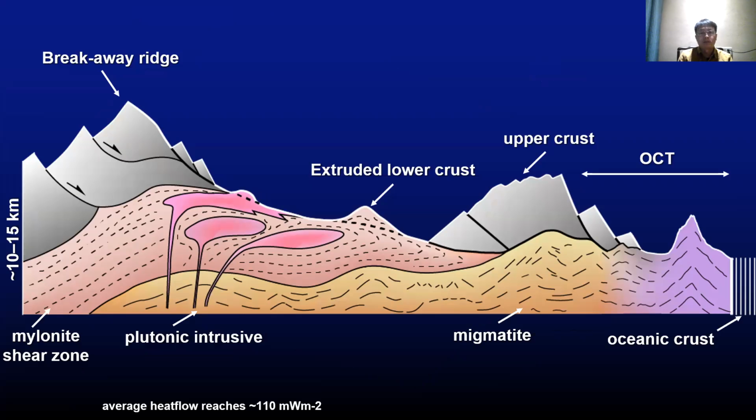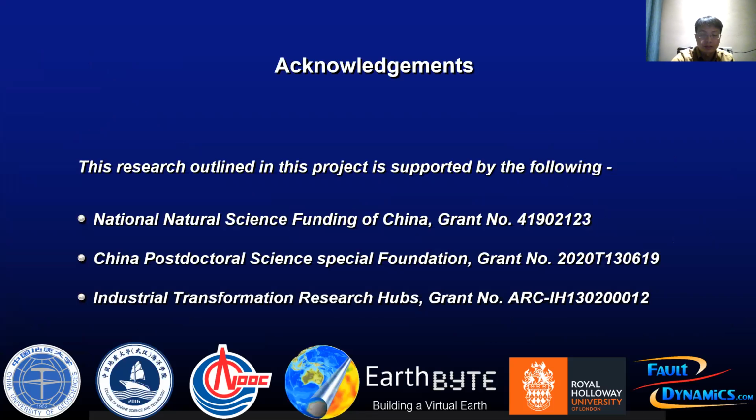This occurred with simultaneous intrusion of the syntectonic rocks. And the thinning process is immediately followed by the breakup of the continental crust and the formation of oceanic crust. So that's what we have just seen and concluded in this presentation. Thank you for listening.